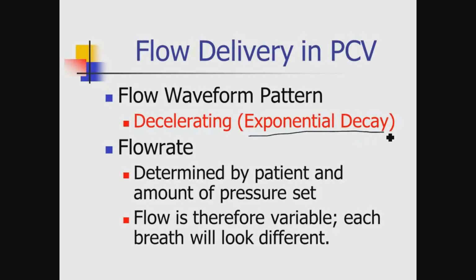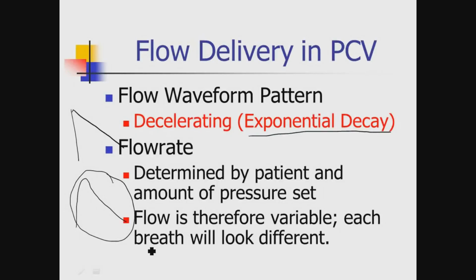I added this part in. I don't think you have it on yours. Technically, it's not a decelerating ramp. It's really what's called an exponential decay, and the way I always draw it is as such. When you talk about a ramp like we would have in volume-based ventilation, it's fixed. Every single breath looks the same. In pressure control and pressure support, it's going to vary because it's patient-dependent.